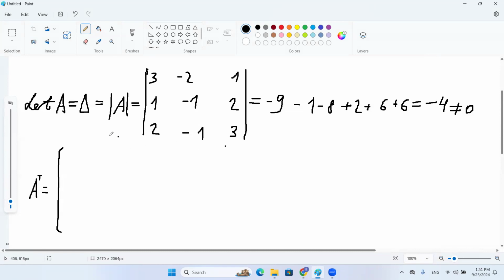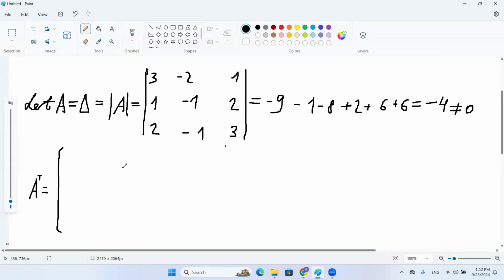So let's do it together. So you don't remember how to transpose the matrix. Okay, so the rule is that we turn it over, and we change rows with columns, or vice versa.